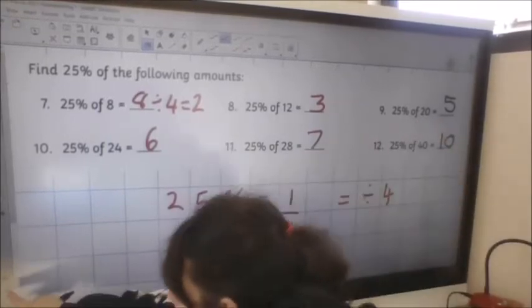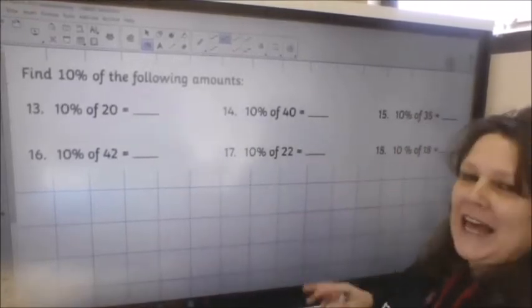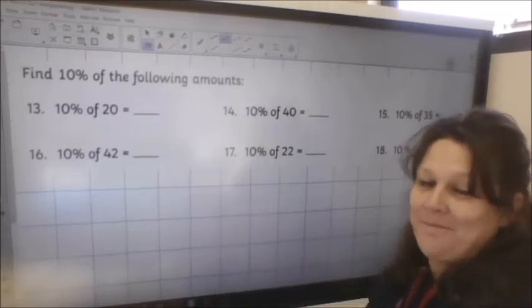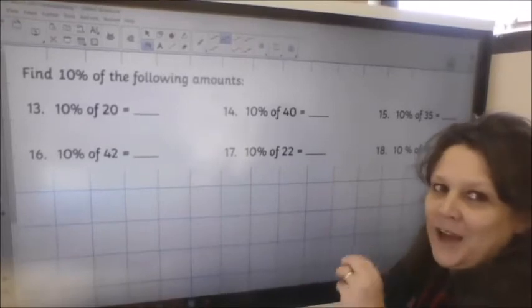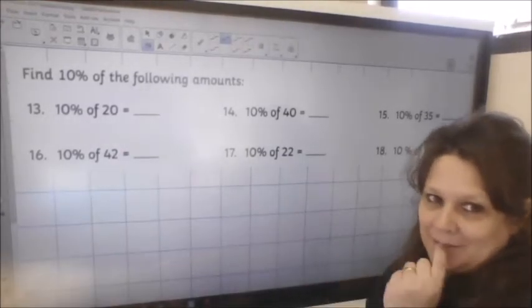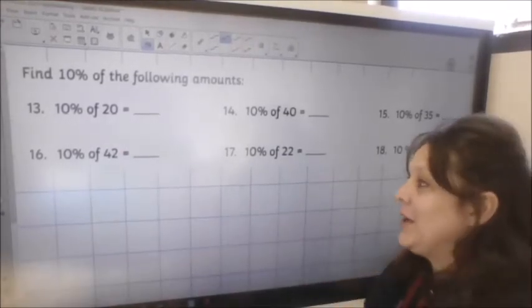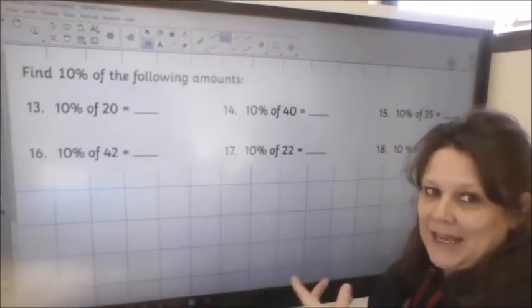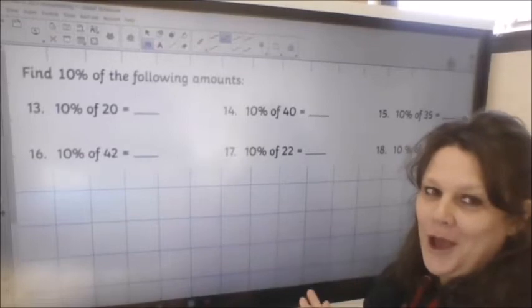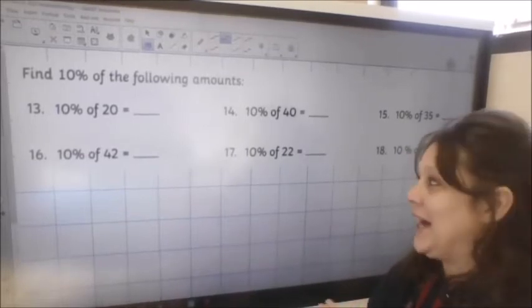Last little group then, before you do a few problems, and then you've got a little challenge to do. Now we've got to find 10%. 10% means divide by 10, and you know how to divide by 10.